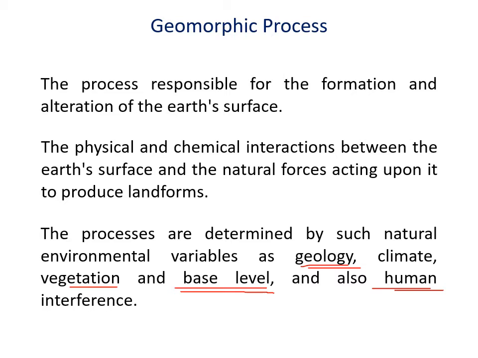So depending on those things, the behavior of the same river, that means the intensity and magnitude of the same river Ganges, is different in the Himalayan terrain and the Sundarban areas.